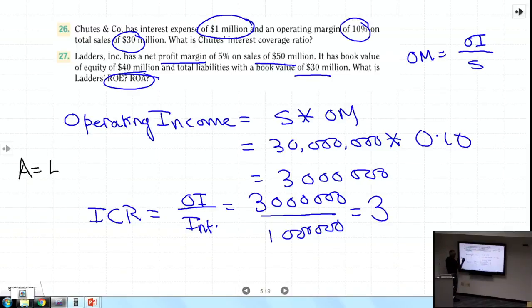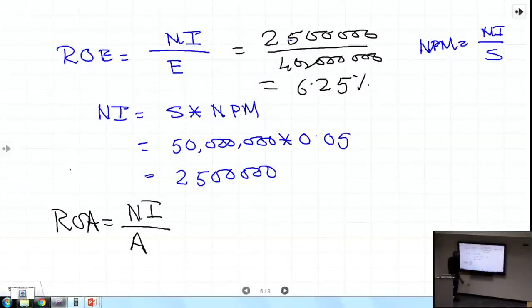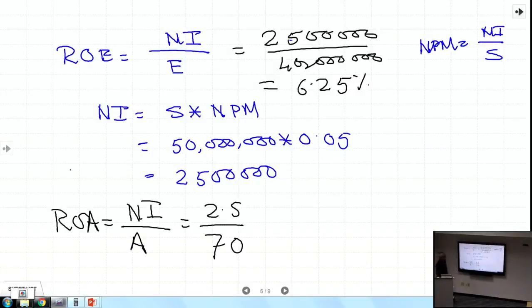Total asset is liability plus equity. So liability is 30, equity is 40, so total asset is 70 million. Now all we have to do is use net income, which we already have as 2.5 million. Divide that by the asset of 70 million, which gives us 3.57%.